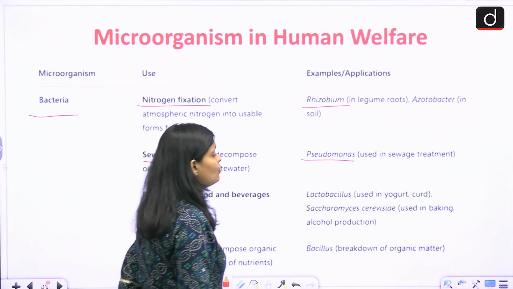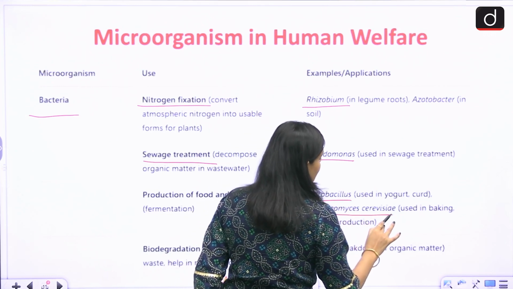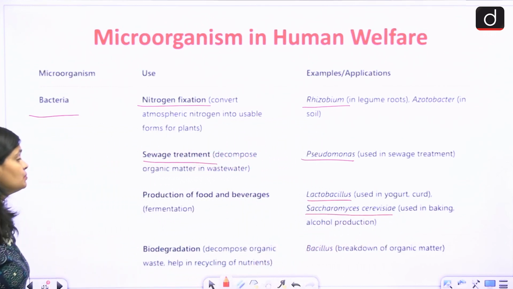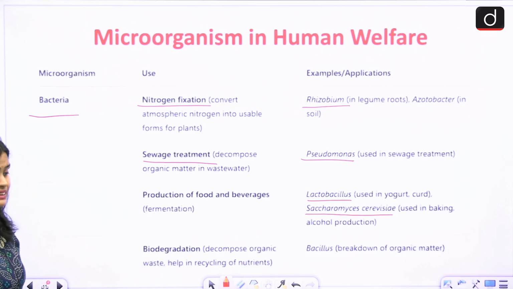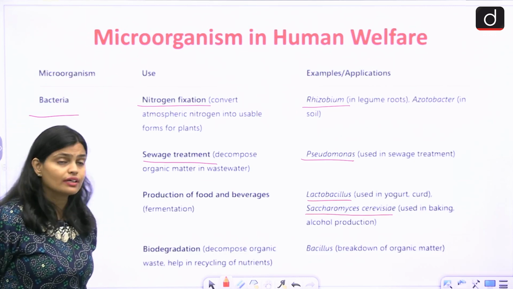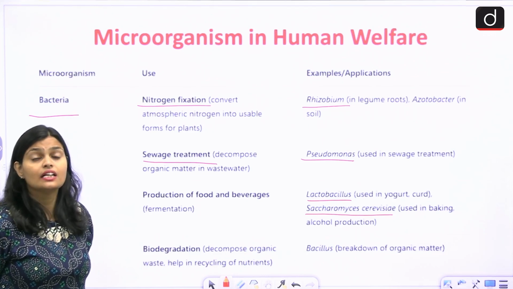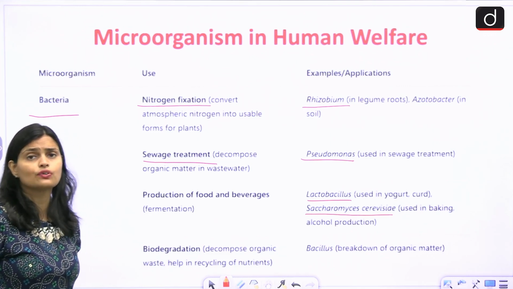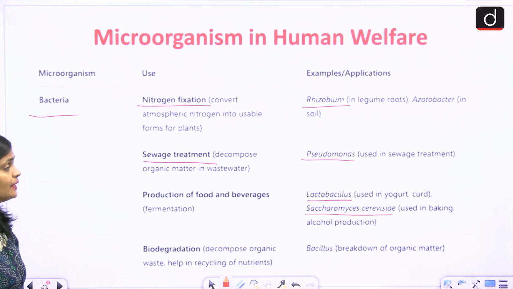Similarly, we have organisms like lactobacillus, Saccharomyces cerevisiae. These are the organisms which are used for the production of food and beverages. They are used in the formation of beverages as well as household foods like idli, dosa.